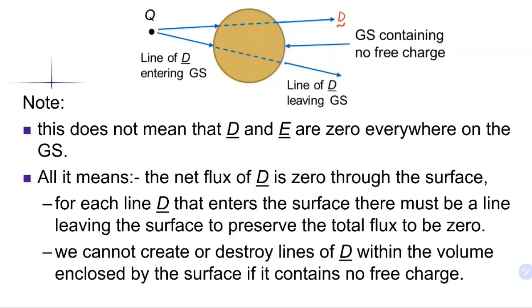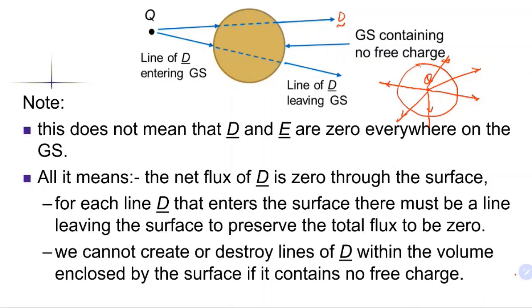The difference between that and a point charge: if I put a charge here, now I have a net flow of electric flux coming out from inside that sphere. And therefore I have a net electric flux through the surface that I draw.